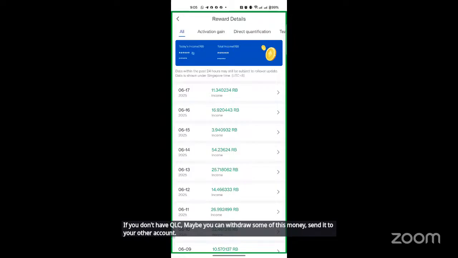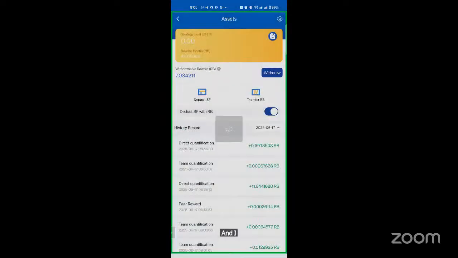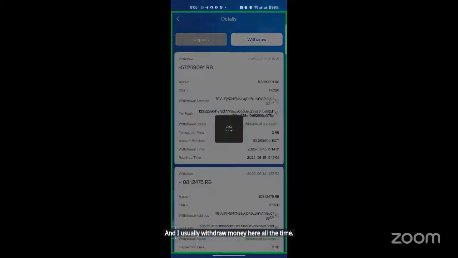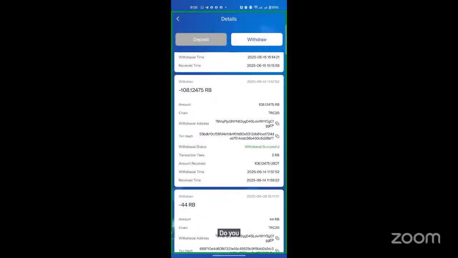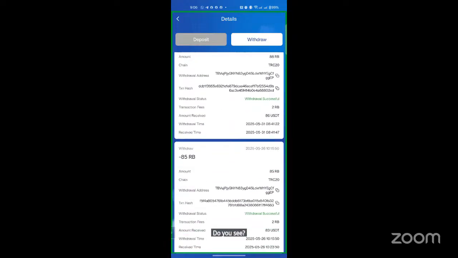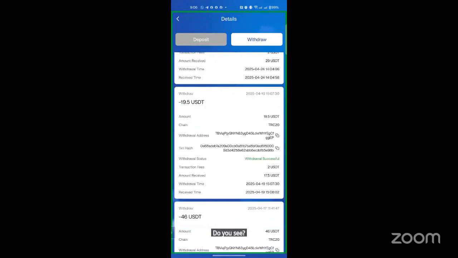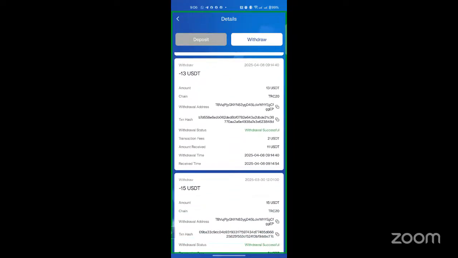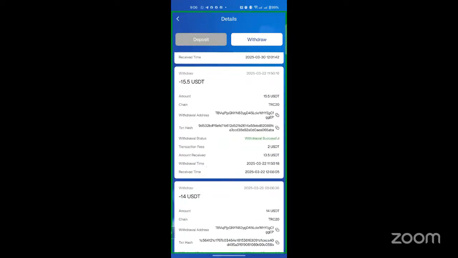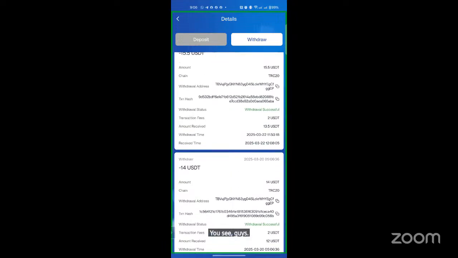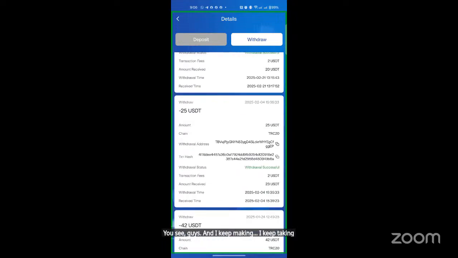I usually withdraw money here all the time and I spoil it, guys. Do you see? I take it off and I spoil it. And I keep taking off this money.